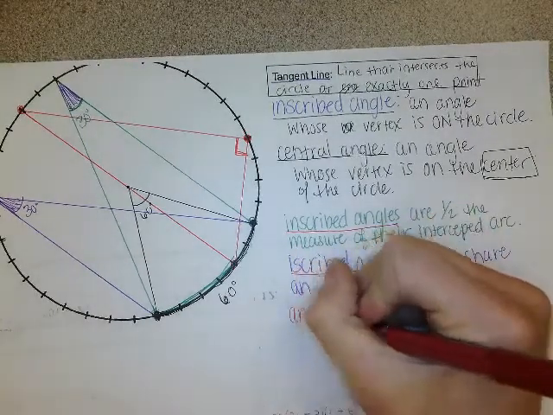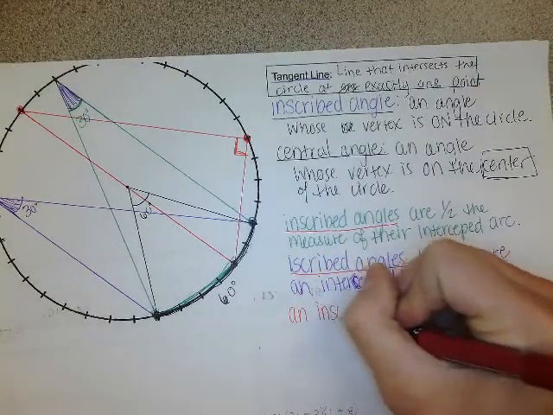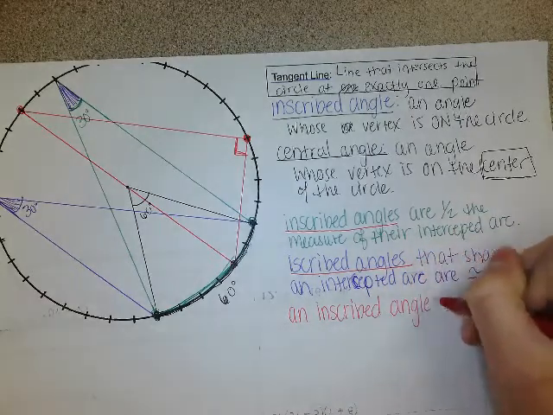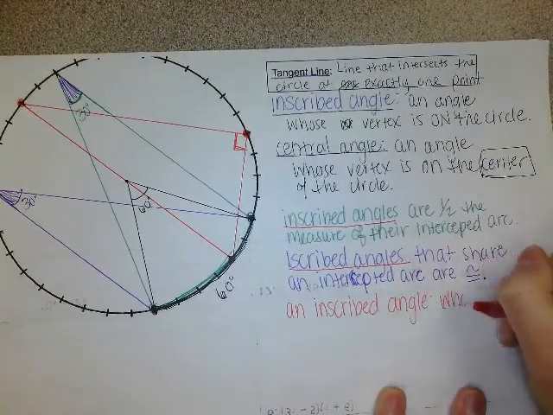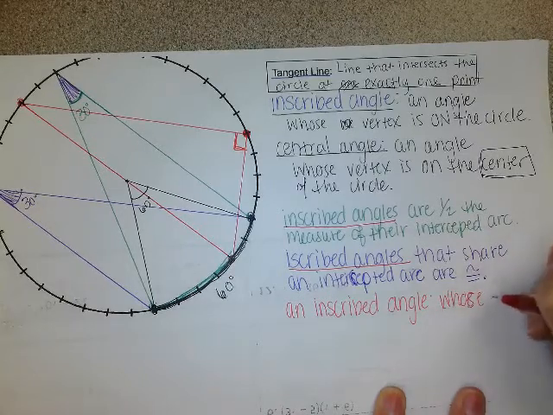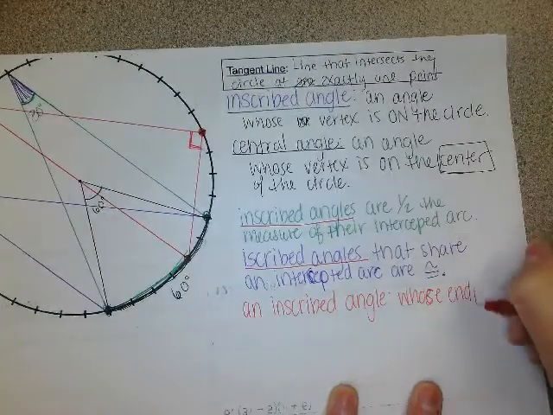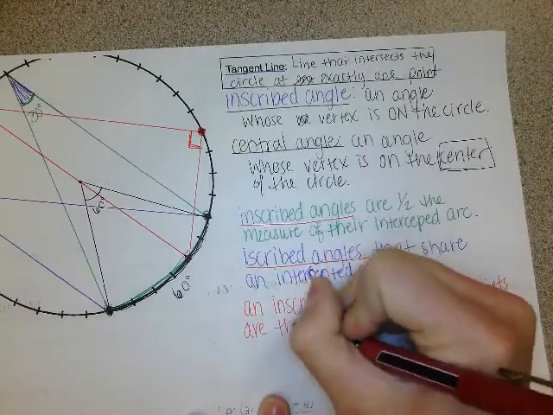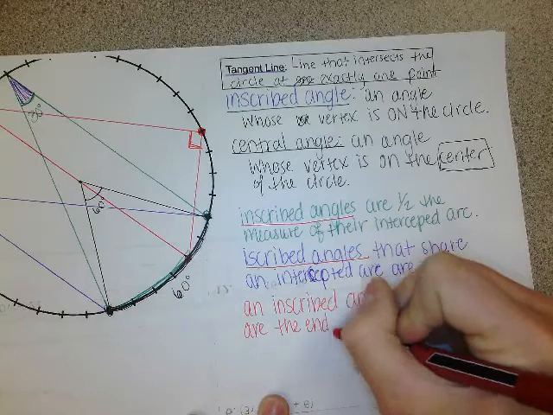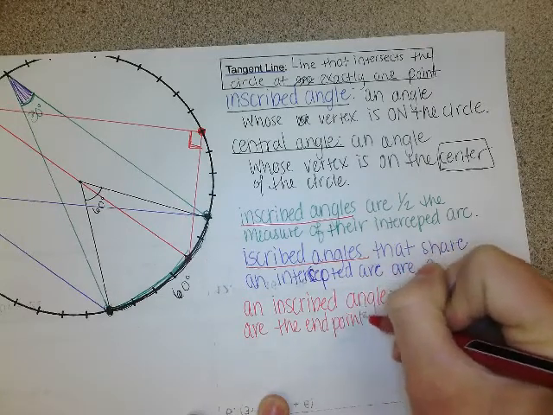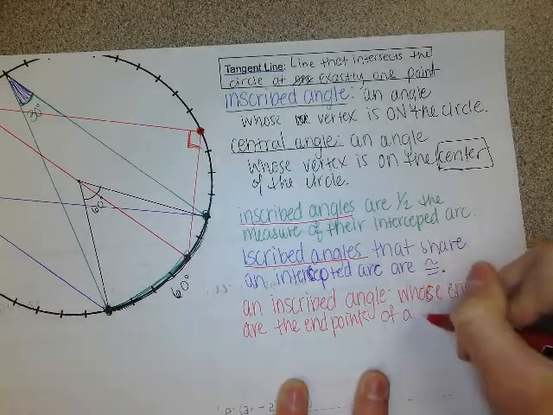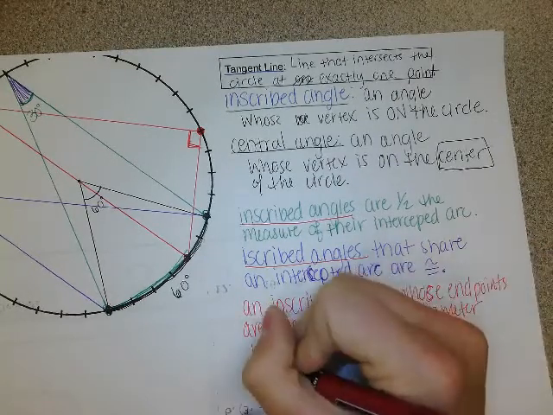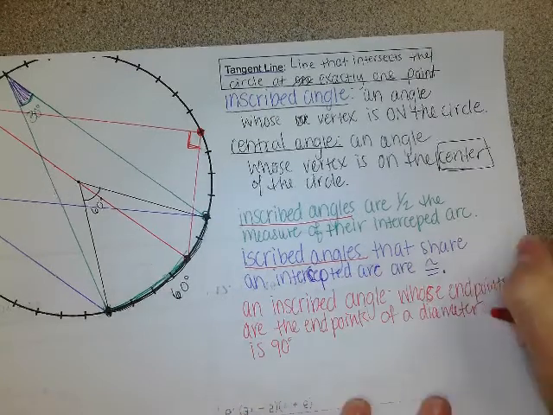So an inscribed angle whose endpoints are the endpoints of a diameter is 90 degrees.